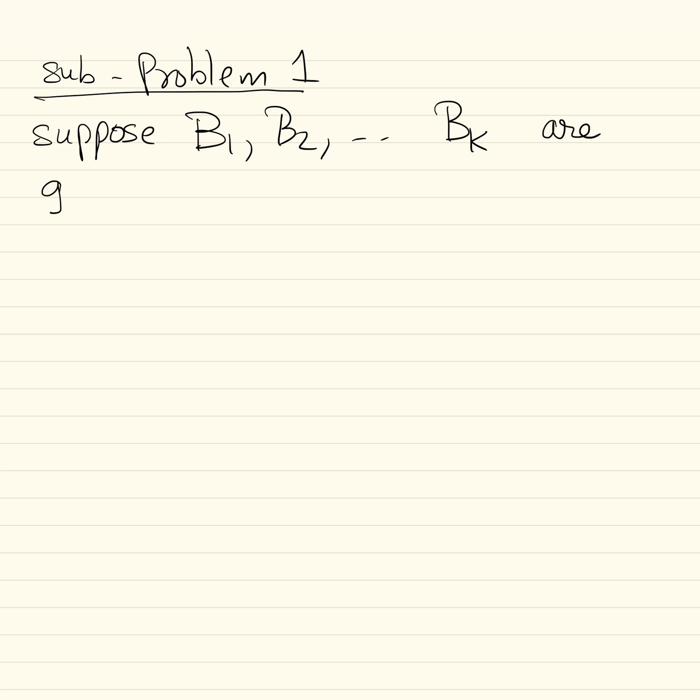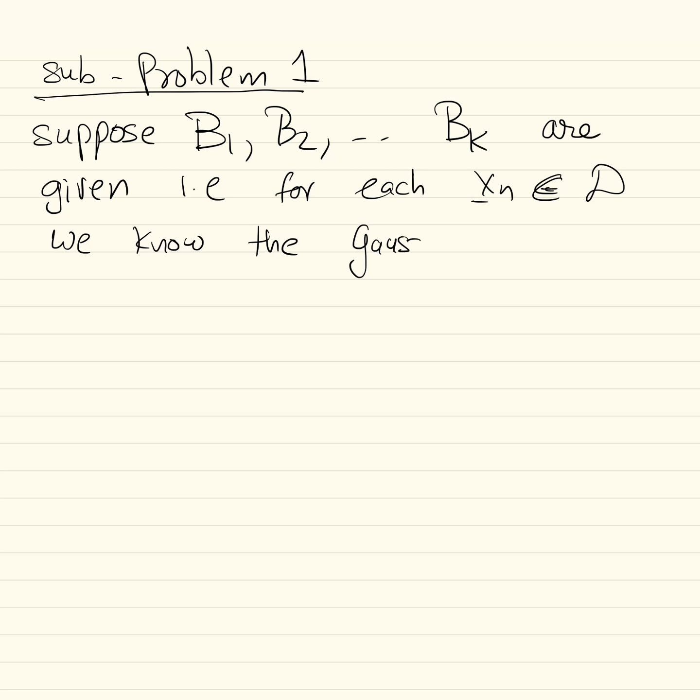That is, for each xn, is this maximized? For each xn in the set D, we know the Gaussian density function used to sample xn, right?